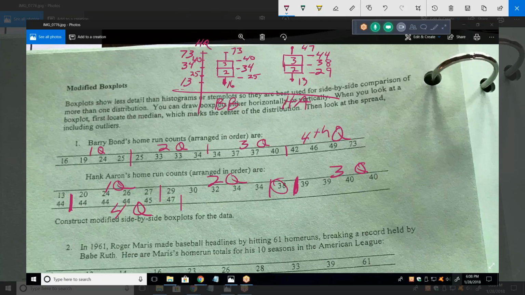Locate the median, we've done that. Marks the distribution. Then look at the spread, including outliers. Well, Barry Bonds' spread is from 16 to 73. Hank Aaron is from 13 to 47.